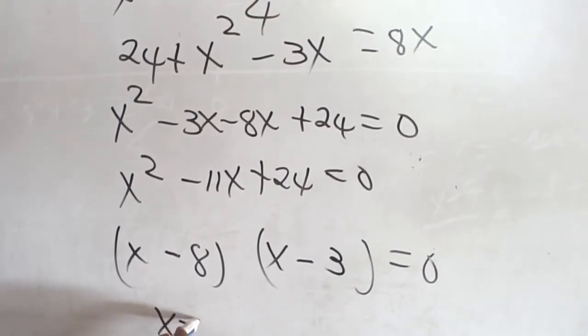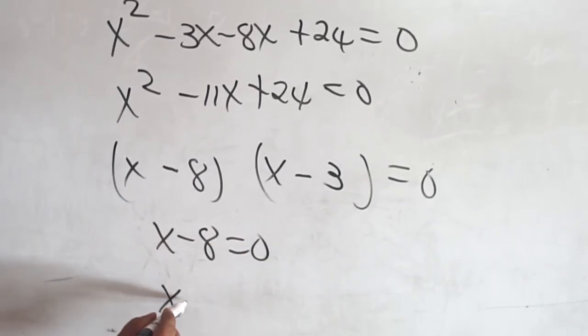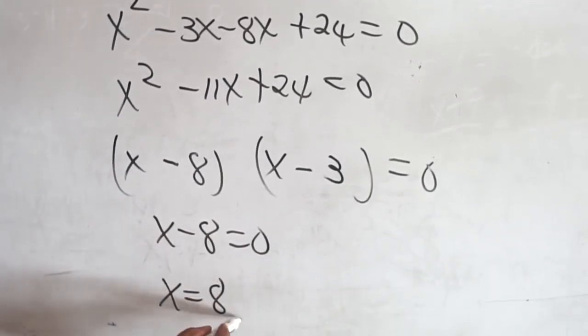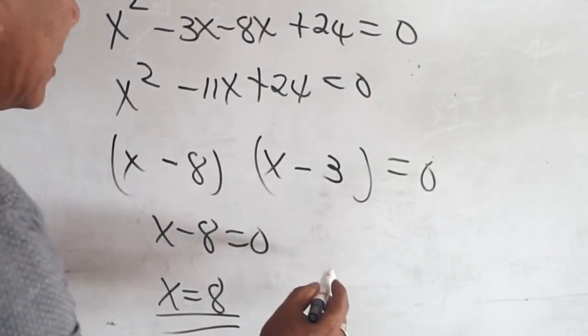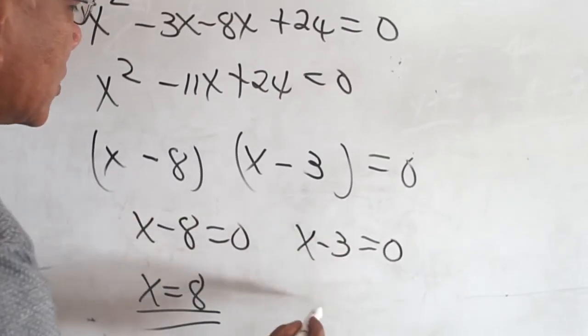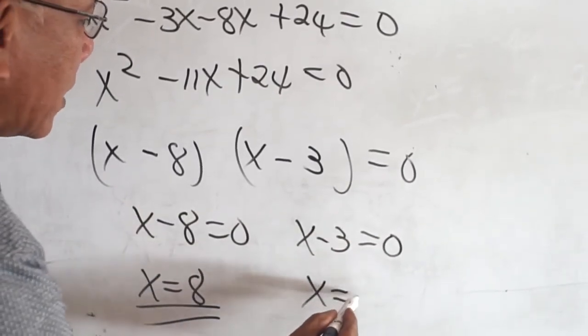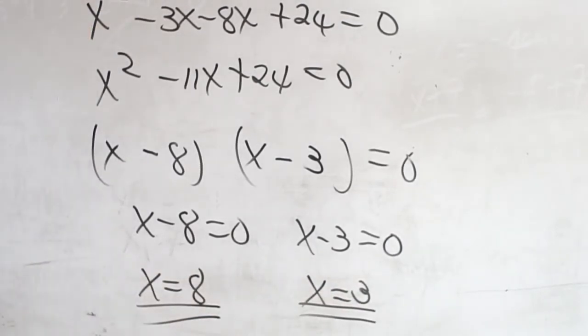So x minus 8 equals 0, then x is equal to positive 8. This is the first element. The second: x minus 3 equals 0, so x is equal to positive 3. This is now the second element.